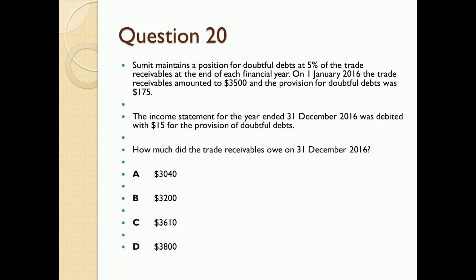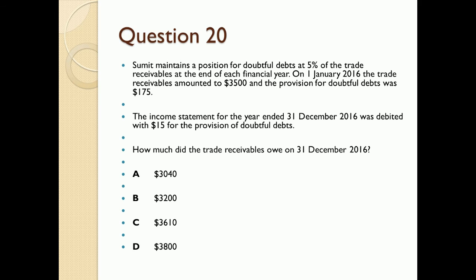The question is, the income statement for the year ended 31st December 2016 was debited with 15 for the provision for doubtful debts. So boys, here we only have the increased portion of the provision. You have to find out what your closing provision balance is.